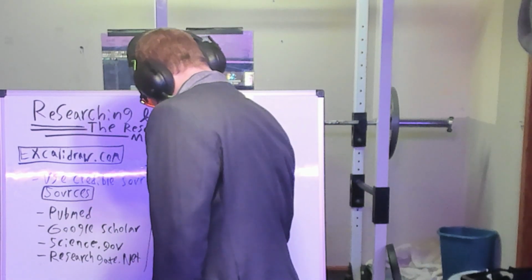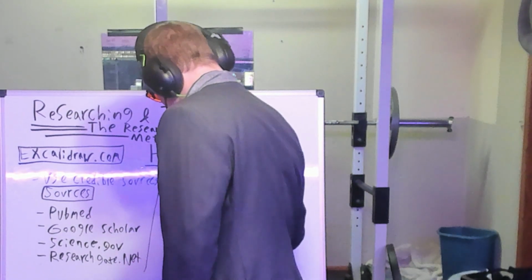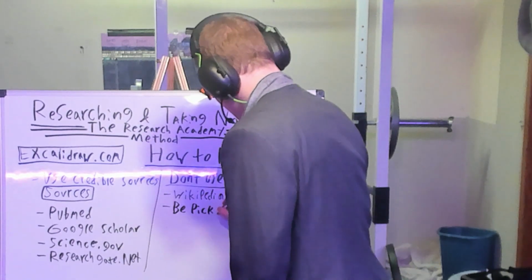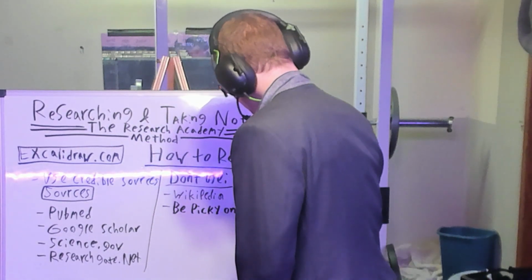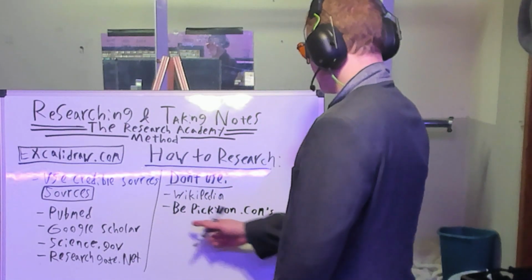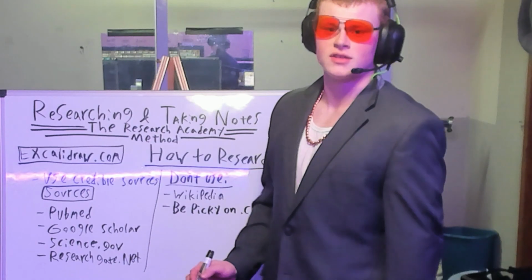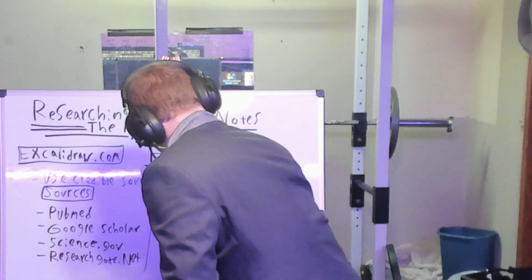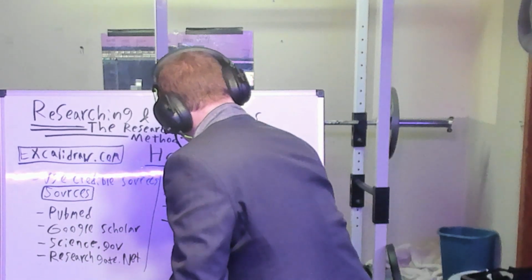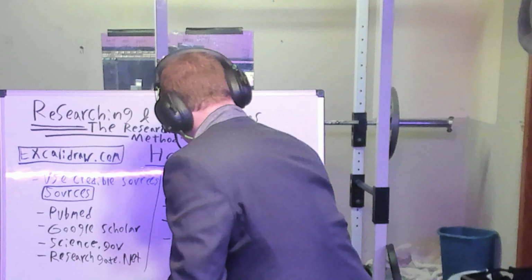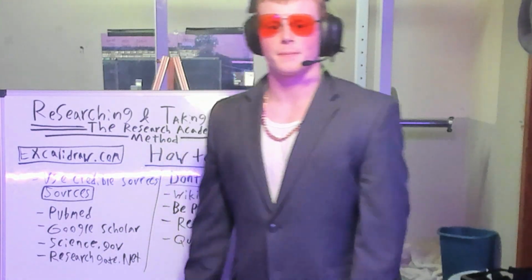So next is be picky about your .com websites, because anybody can create these. Also, do not use Reddit, please. And do not use Quora, if I spelled that right.